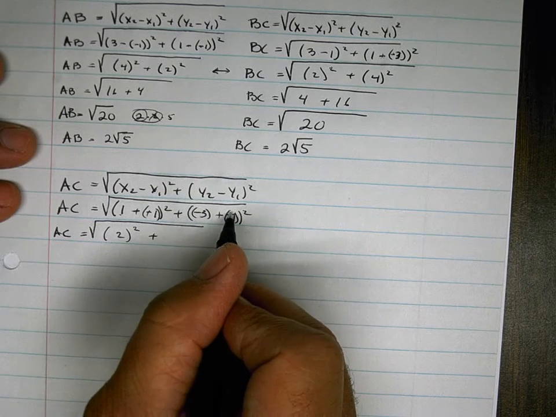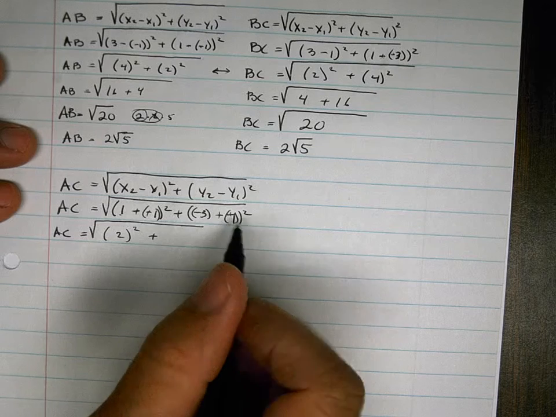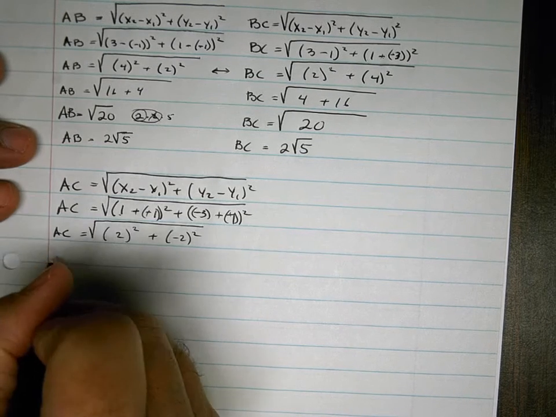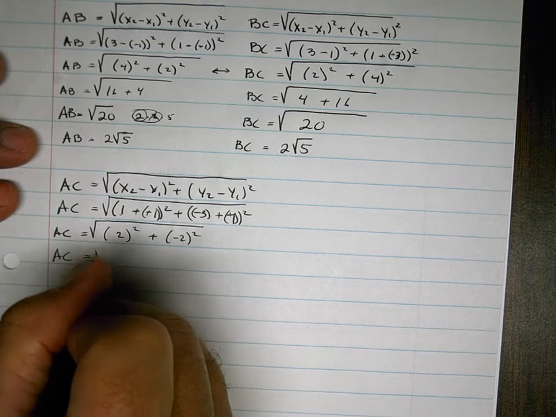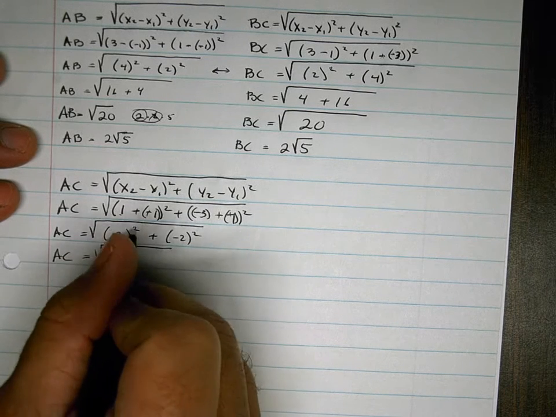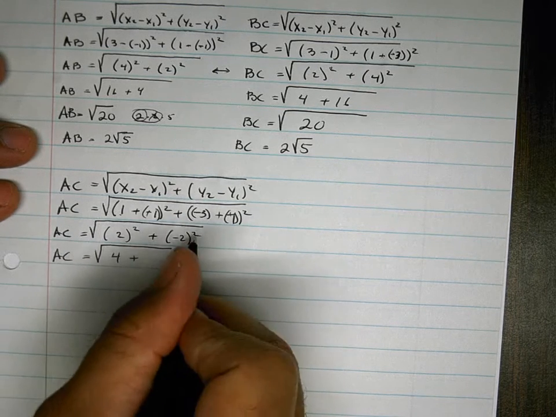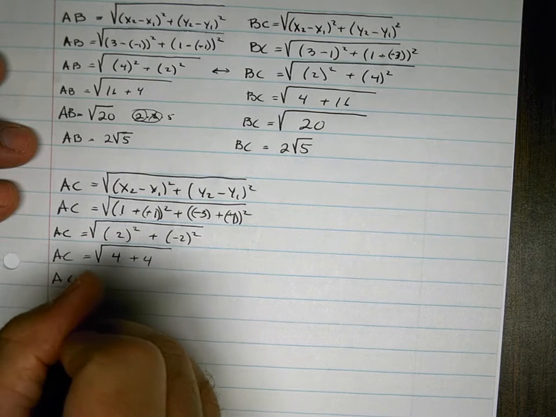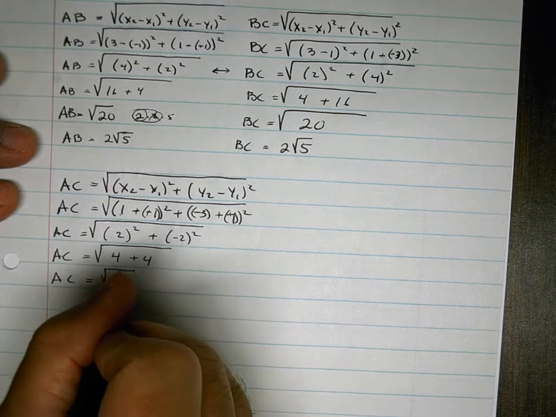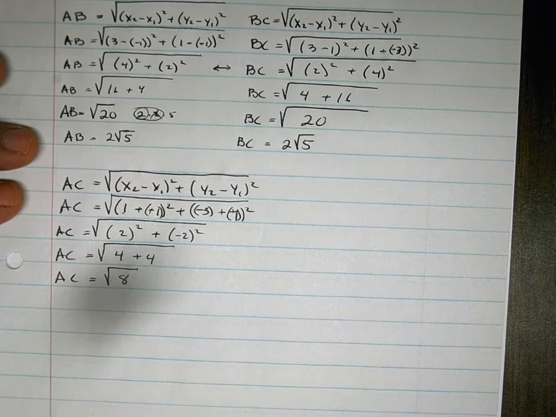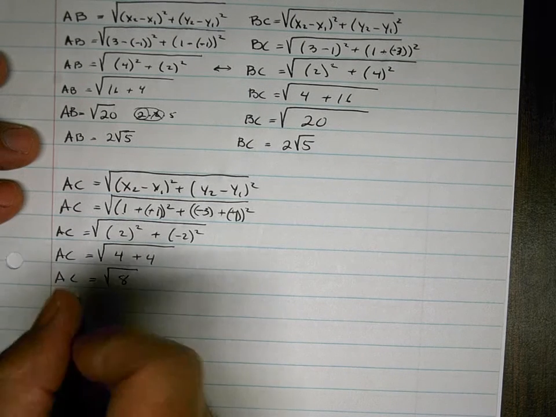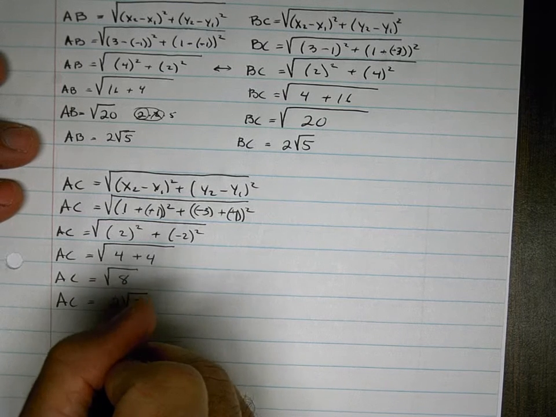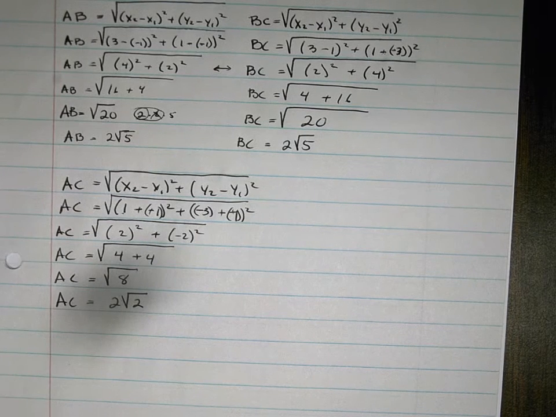We add the opposite, and we get negative 3 plus 1, or negative 2 squared, which means AC equals the square root of 2 squared, which is 4, and negative 2 squared is 4 as well. So we get AC equals the square root of 8. Remember, 8 is 2 times 2 times 2, which means a 2 gets out, a 2 gets killed, and a 2 stays in. So the length of AC is 2 root 2.